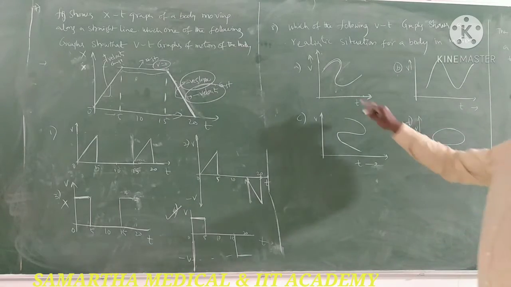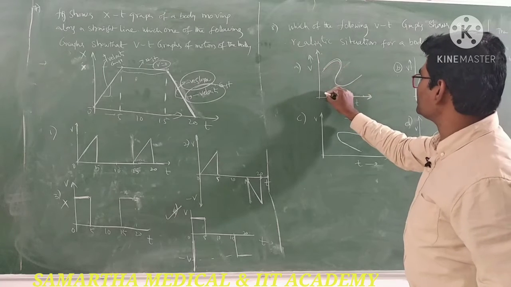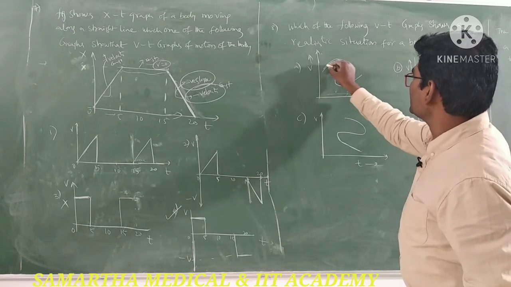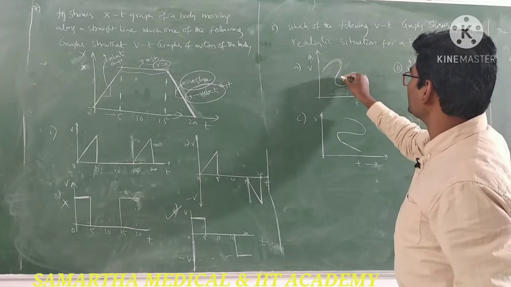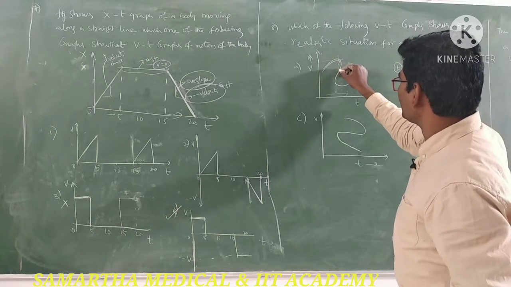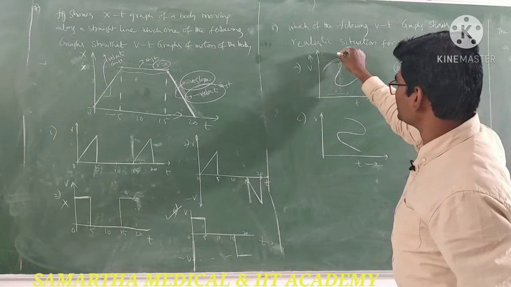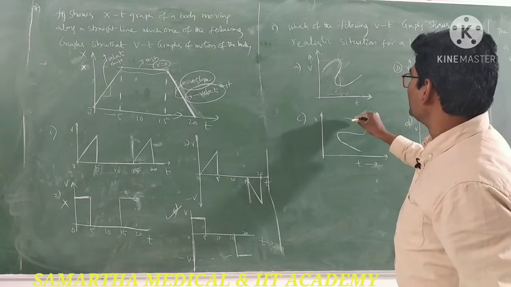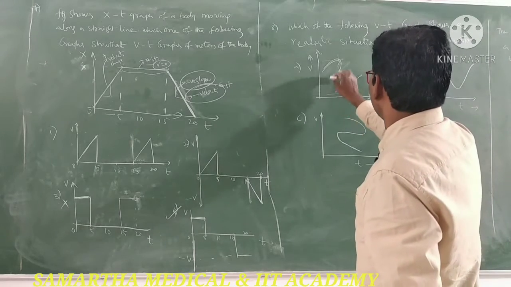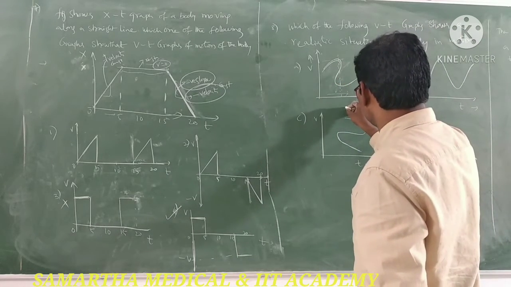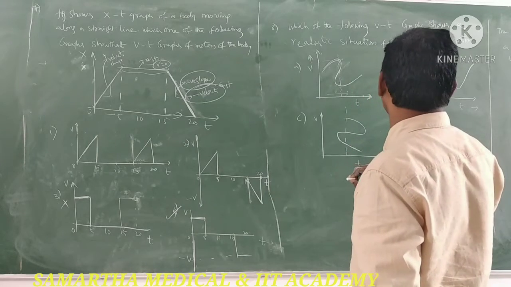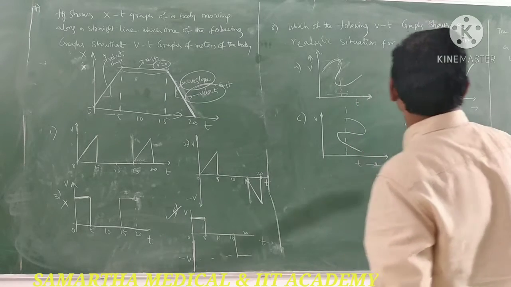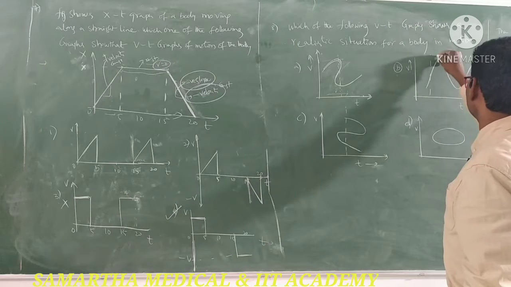So time is increasing. See here, time is increasing. If you observe here, at one instant you are noticing different velocities. Next. Here also you observe, at a particular instant you are finding different velocities. Here you observe, anywhere you take.